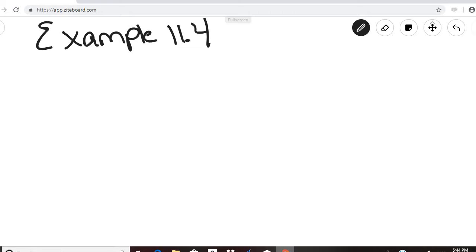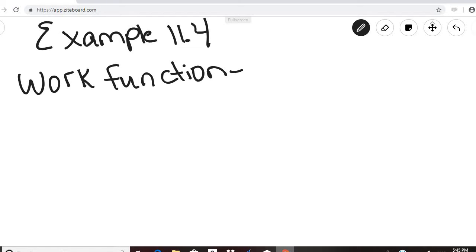So let's look at example 11.4. Example 11.4 tells us that sodium metal has a work function. Actually, let me go back up and define this term. Work function is defined as the amount of energy that it takes for electrons to escape the metal.